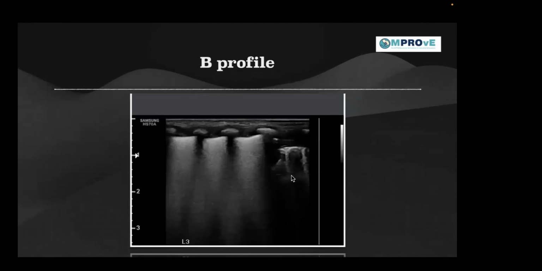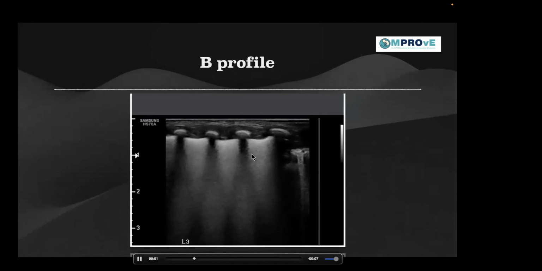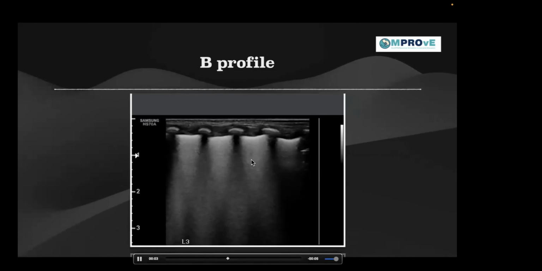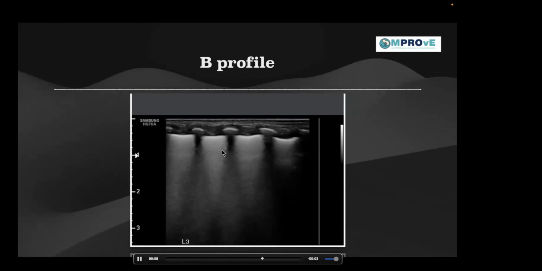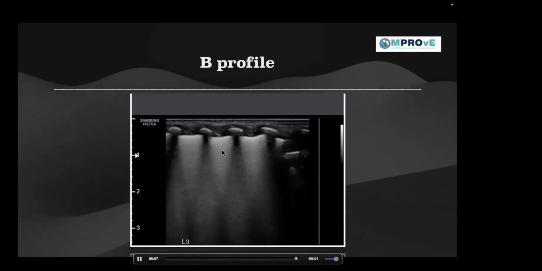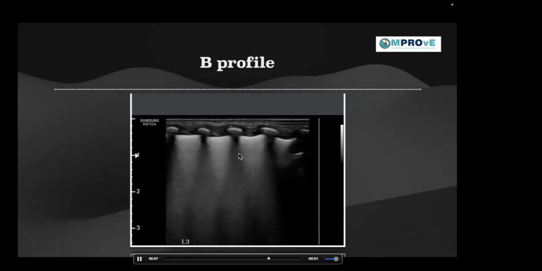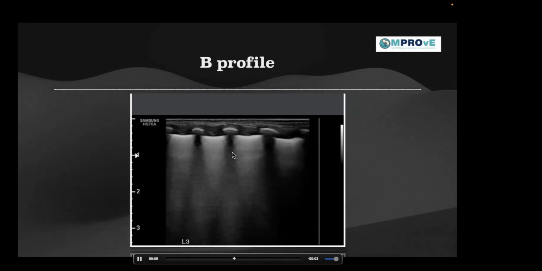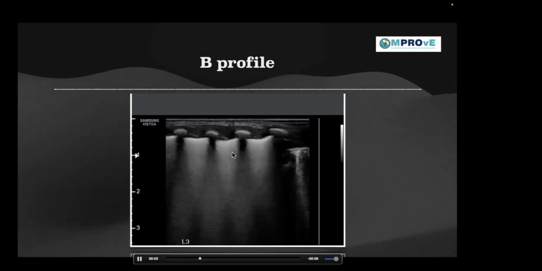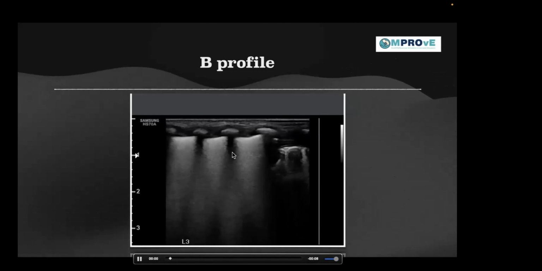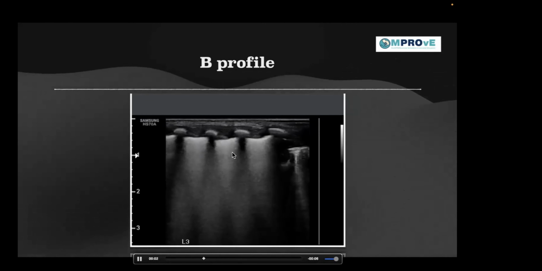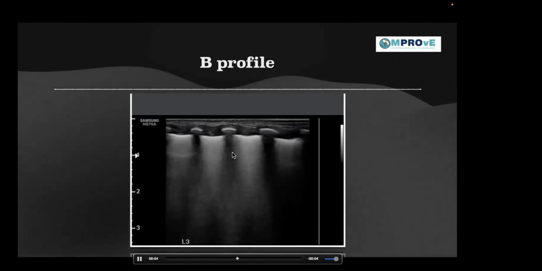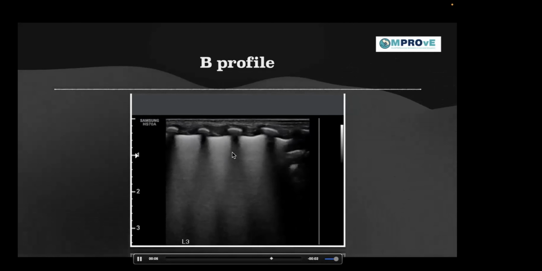B profile, all compact B lines or coalescent B lines. Think of it as a whiteout chest X-ray. So the more the severity, you're going to lose out on the rib shadowing as well. Now, that's not because your ultrasound wave is penetrating through the ribs. It's because of the movement of the ultrasonic waves, so much because of the fluid present there.